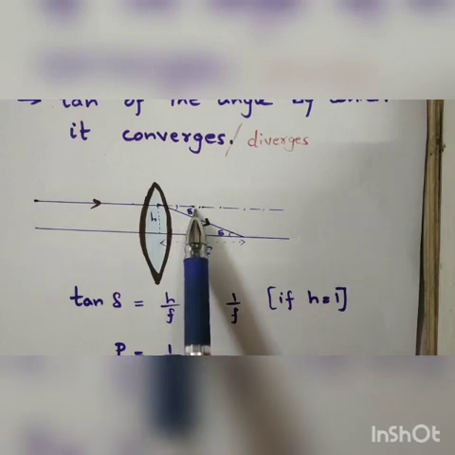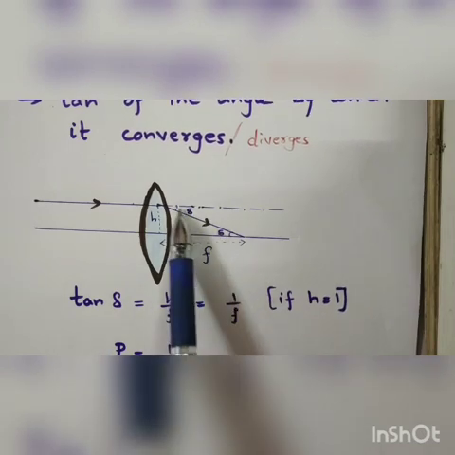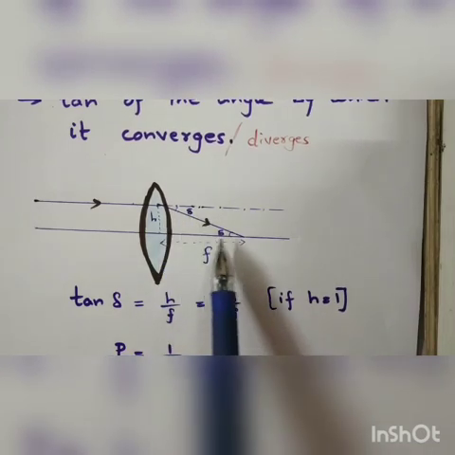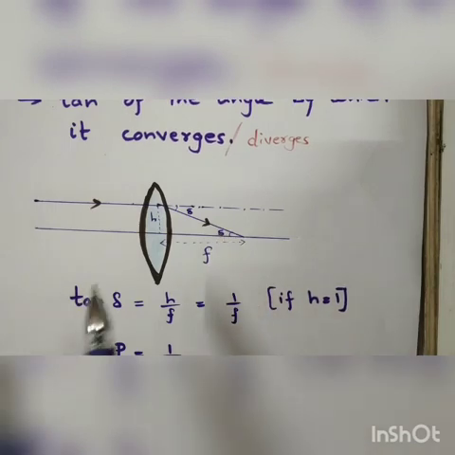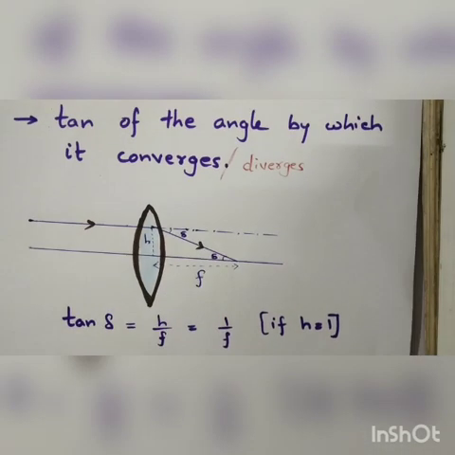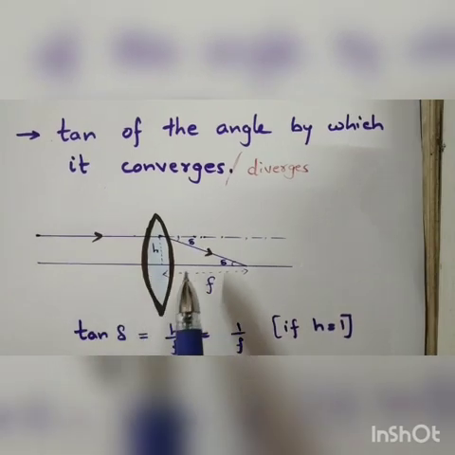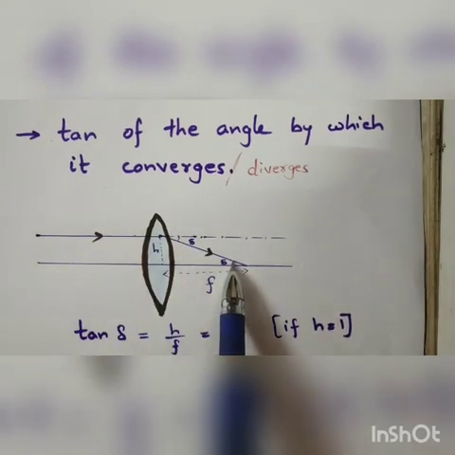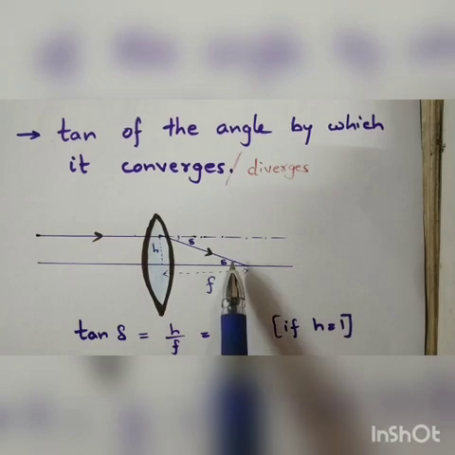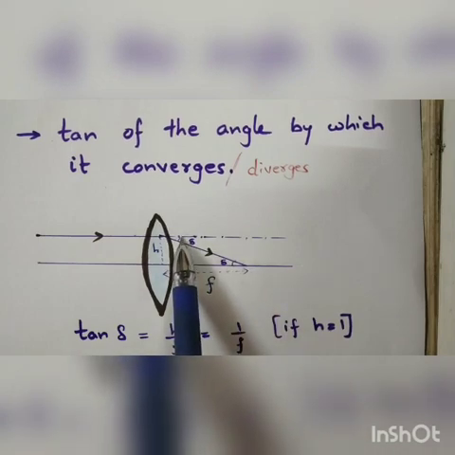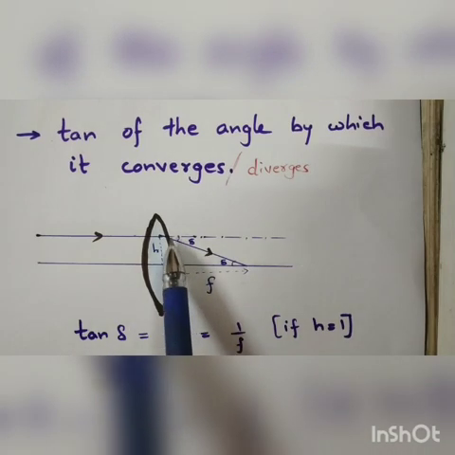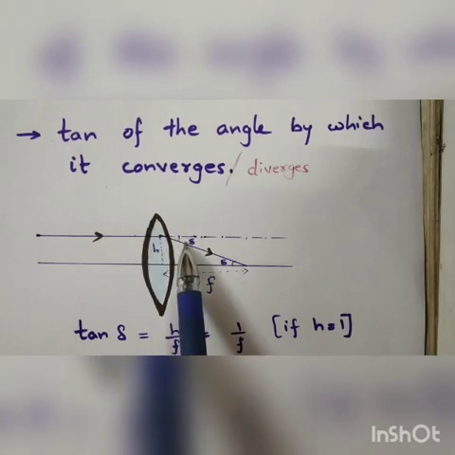Now if this angle is delta, they are opposite angles, so this angle is also delta. According to the definition that we studied, the power of a lens is the tangent of this angle by which it converges.